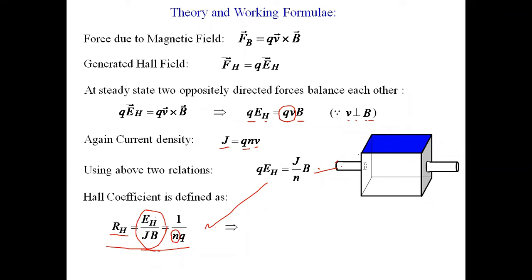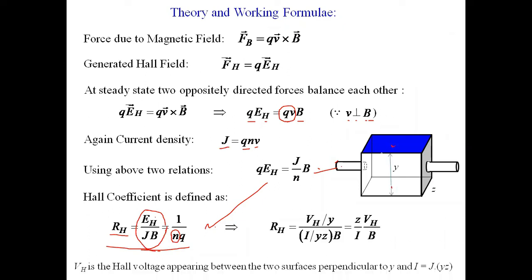We know that the Hall field EH is generated between the upper side and lower side of the semiconductor. So it will be wiser to find the potential difference between these two. And it is easy: you just connect a voltmeter between these 2 points, and you will get the value of the potential difference.